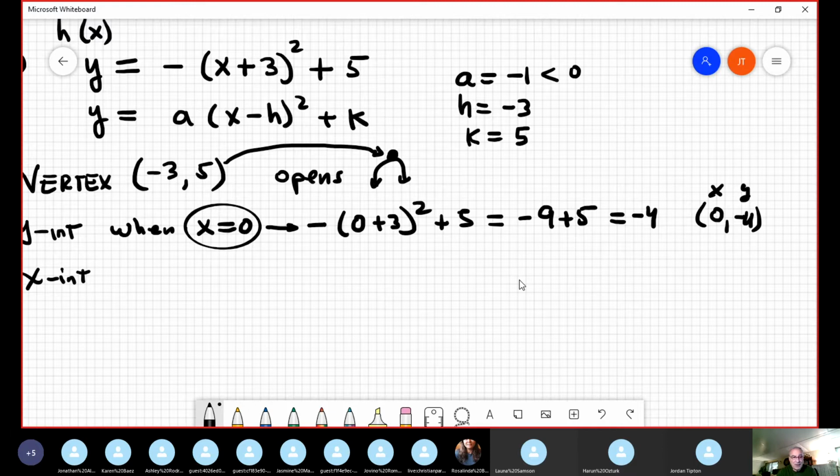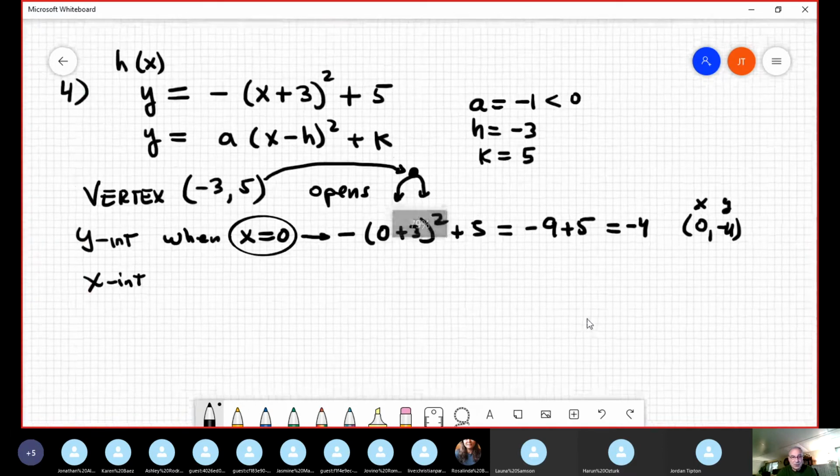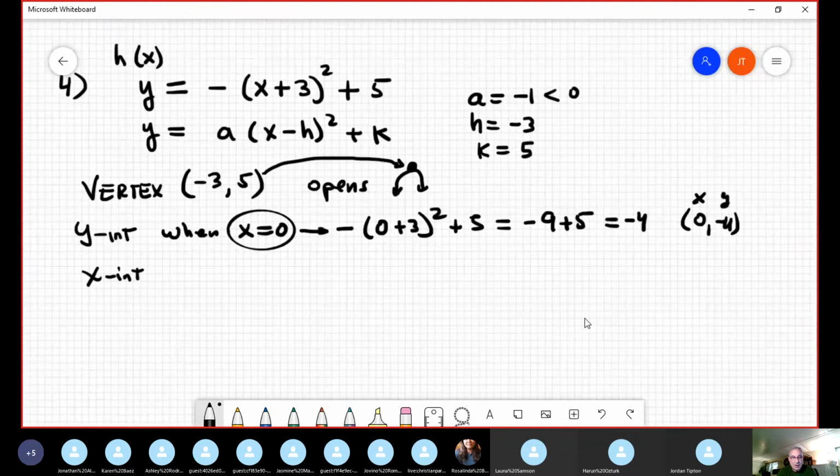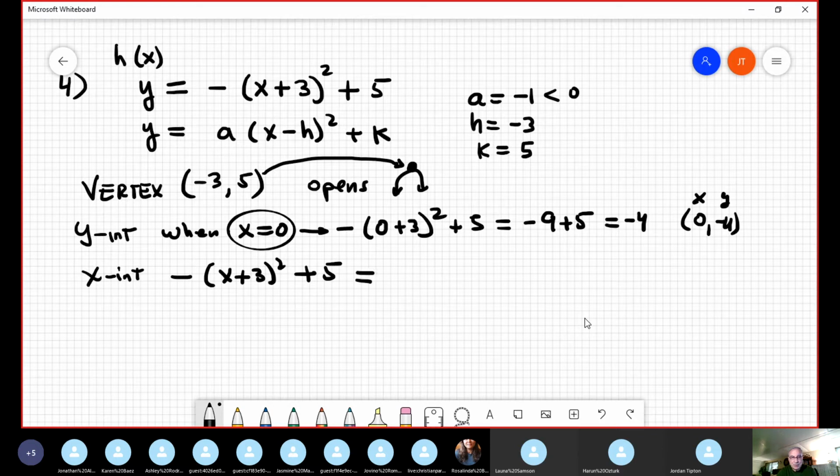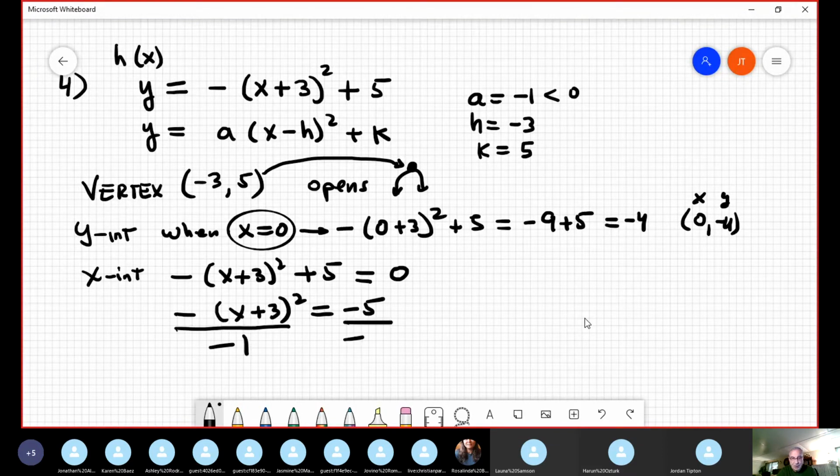In order to find the x-intercepts, we solve the quadratic equation: minus (x plus 3) squared plus 5 is equal to 0. Manipulation here: minus (x plus 3) squared equals -5. Divide by -1 on both sides: (x plus 3) squared equals 5.